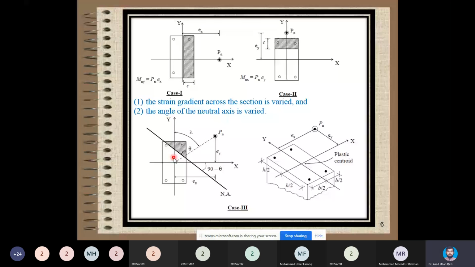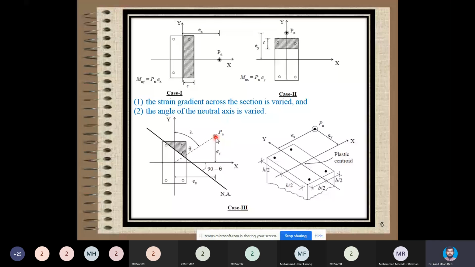When theta is 0 degrees, it means lambda will be 90 degrees, because theta 0 means that your neutral axis is along the y-axis. But importantly, you never say that your dotted P line from the origin of the column, or from the plastic centroid of the column up to Pn, will be normal to your neutral axis.